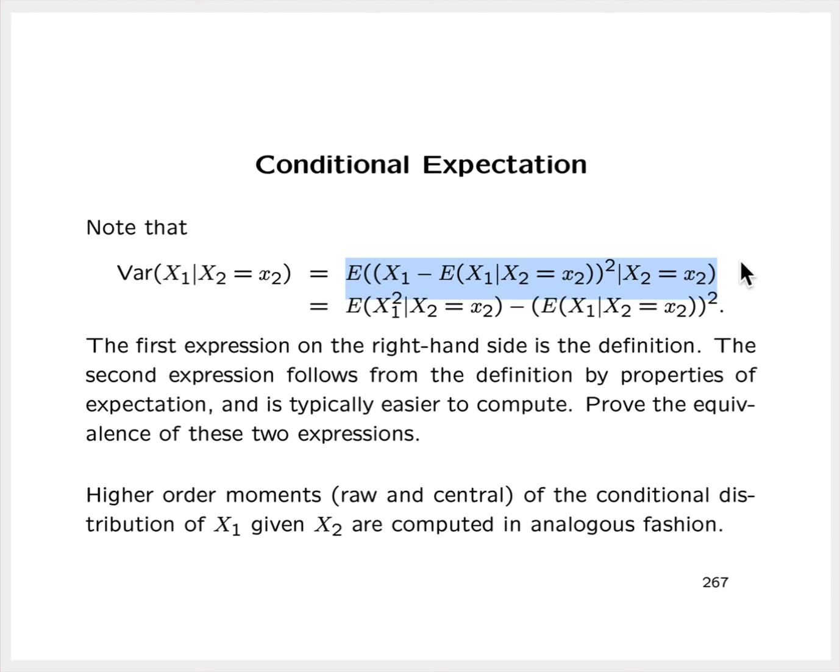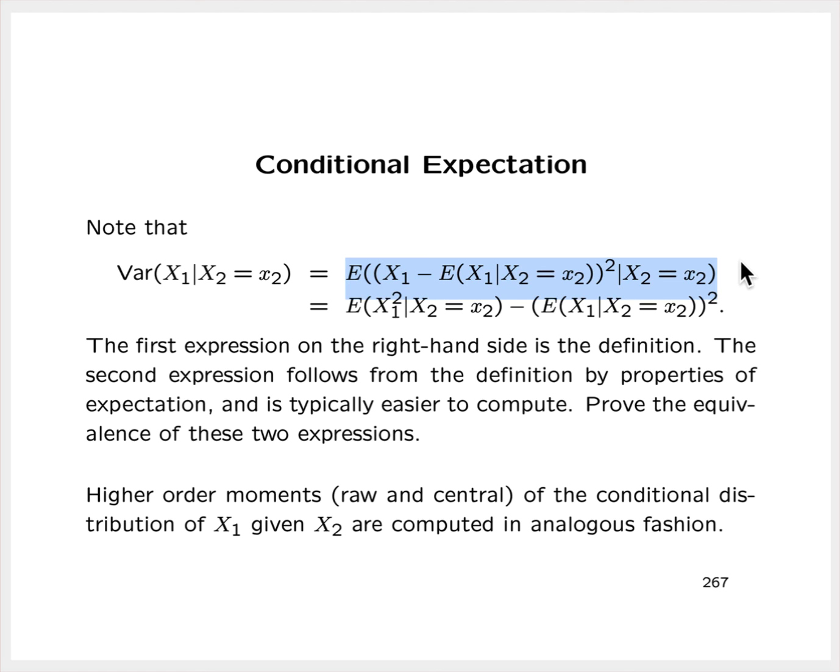We could calculate the third central moment, and the fourth central moment. From those, we could then come up with values for the skewness of the conditional distribution of x1 given x2, as well as the kurtosis.